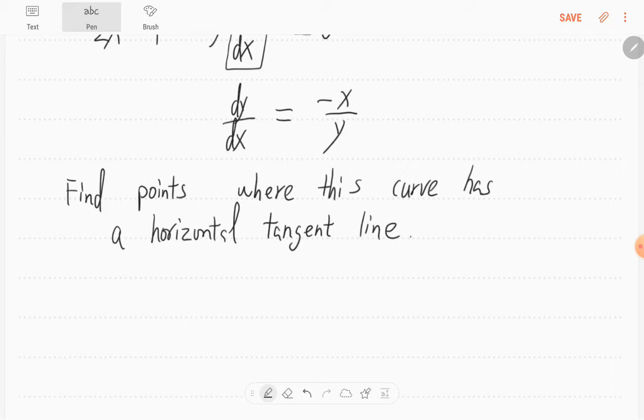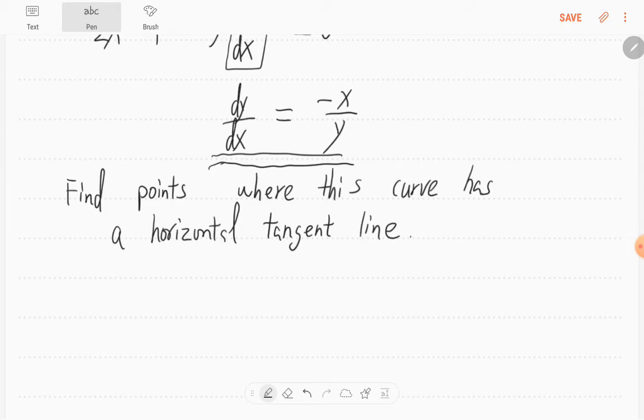Horizontal tangent line, so this tells you the derivative, right? Which is the slope of the tangent line at anywhere on the curve. So here we want to find the positions or the points where this curve has a horizontal tangent line. So we need to know what is the slope of the horizontal tangent line.